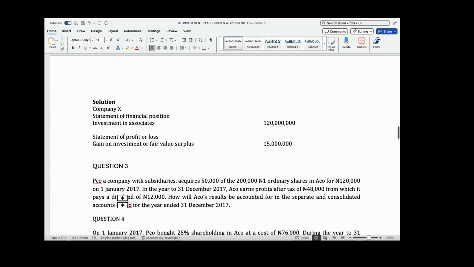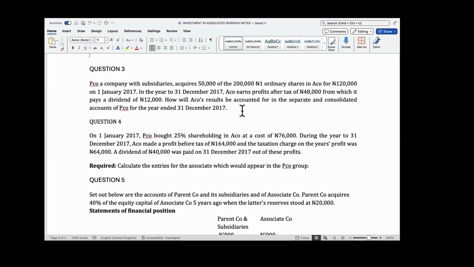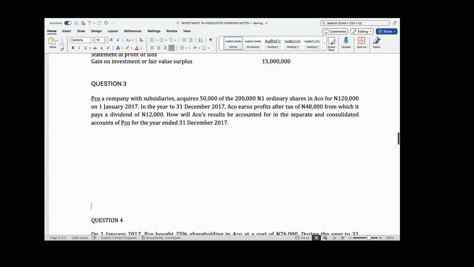So let's see what it does in the consolidated financial statement. Let's look at another question. Pico, a company with subsidiaries, acquires 50,000 of the 200,000 $1 ordinary shares in ECO for 120,000 on 1st January 2017.